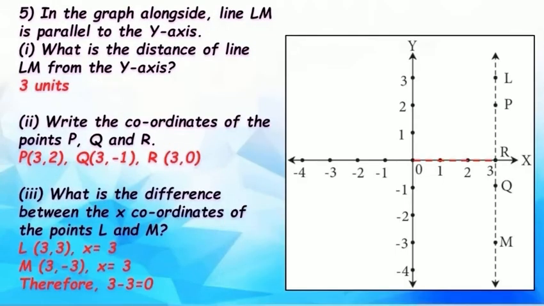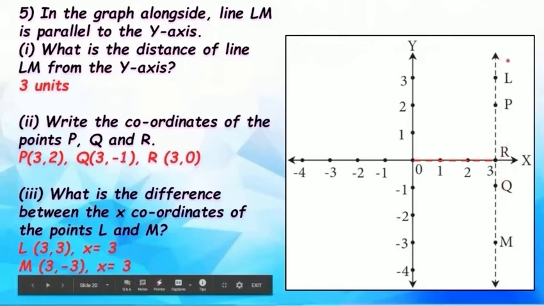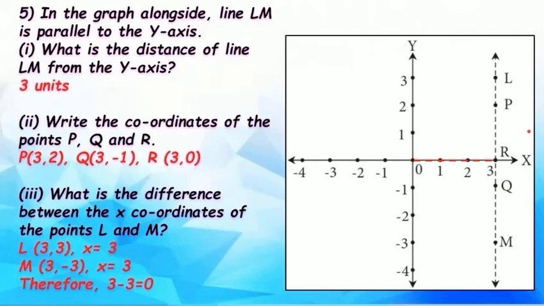Okay, question number 5 says, in the graph alongside, line LM is parallel to the y-axis. So we have this line here, LM, the name of the line is LM, and this line is parallel to the y-axis. So these two lines are parallel to each other.